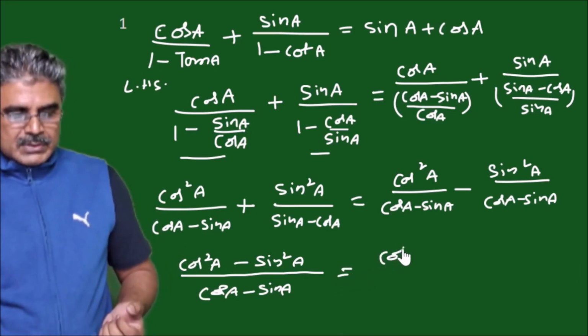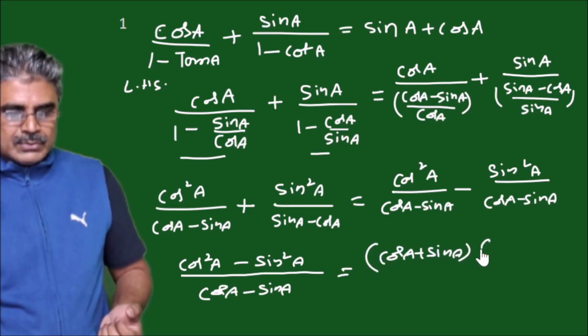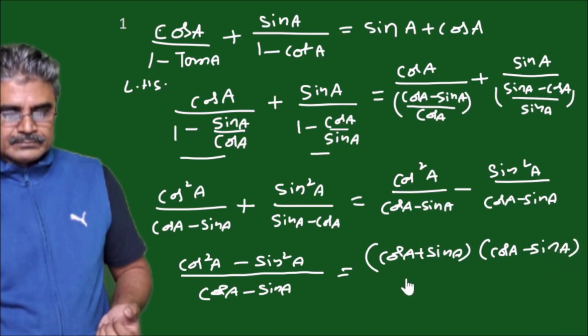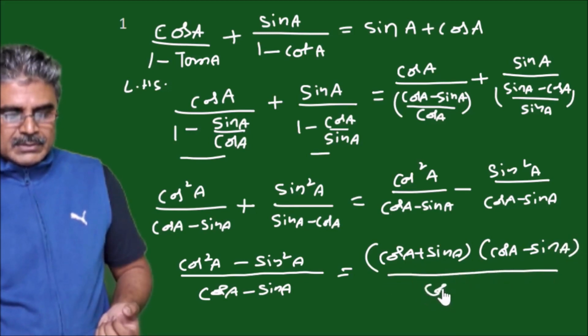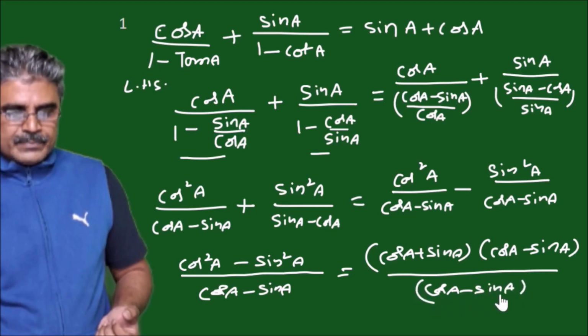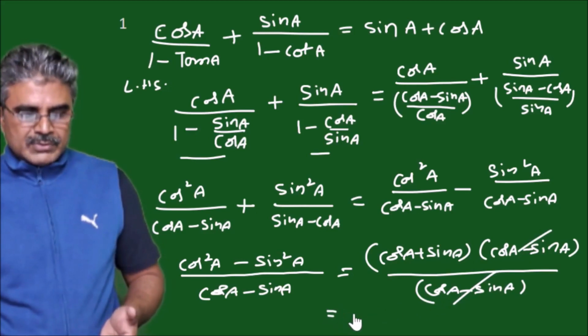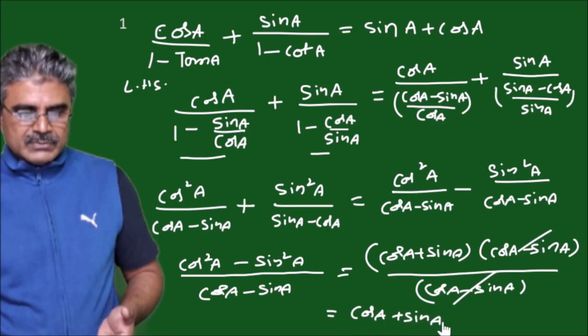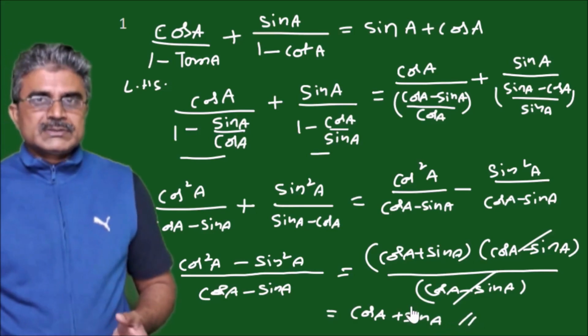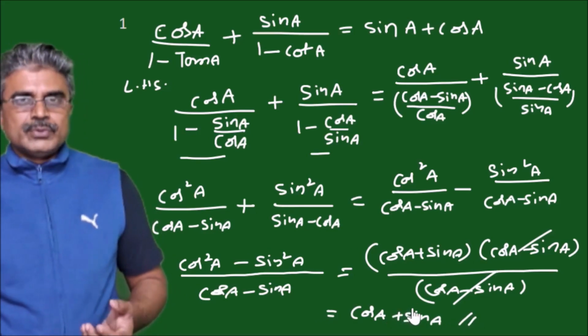So it is (cos A plus sin A) into (cos A minus sin A) whole divided by cos A minus sin A. You have a common term, so let's cancel it, and the remaining thing is cos A plus sin A, which is the RHS, hence it is proved.